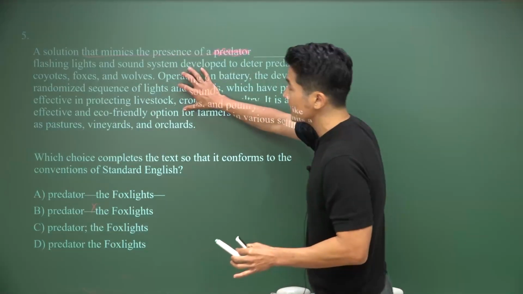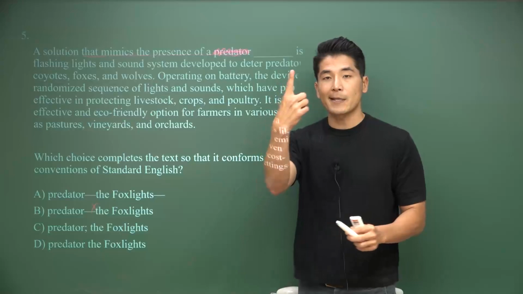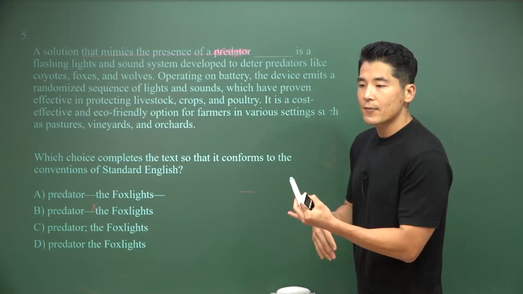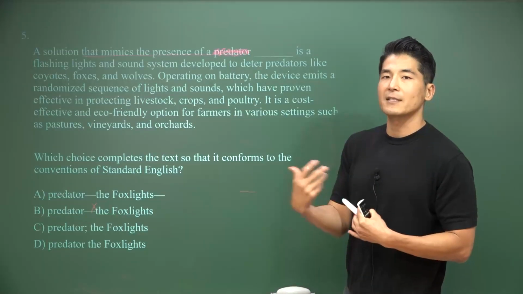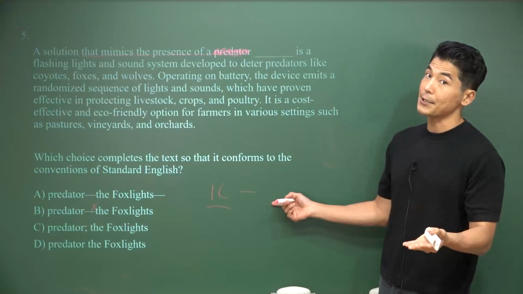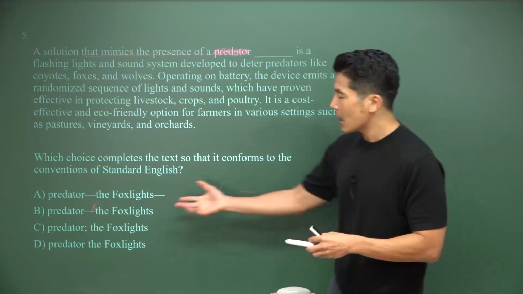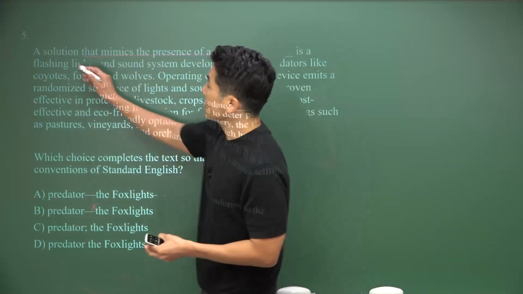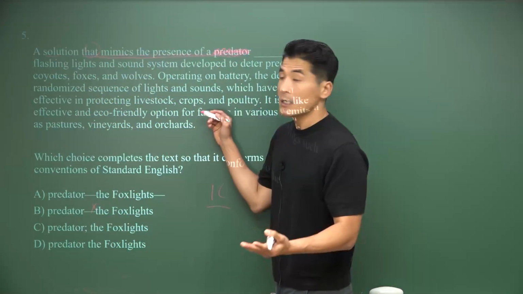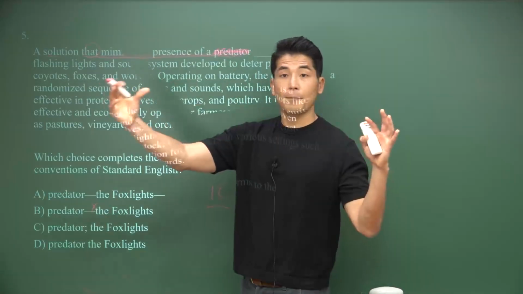Because if I plug B into my original sentence or the passage, this just creates a sentence with a single dash. Now remember, the grammar rule for a single dash is you have to have an independent clause that comes before the single dash. And notice how we don't here. "A solution that mimics the presence of a predator" is just a long subject.